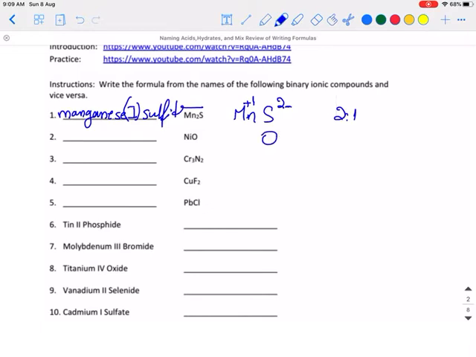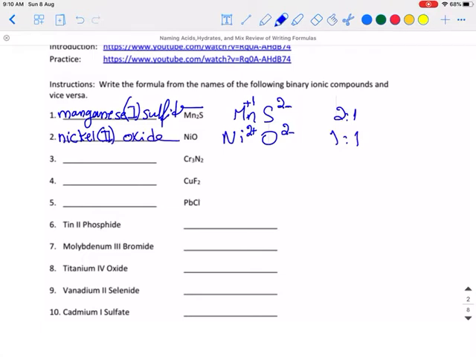Nickel oxide: oxygen is group 6, so 2 minus. For the ratio to be 1:1, this should have been 2 plus. So this will be named nickel 2, Roman numeral 2, oxide.